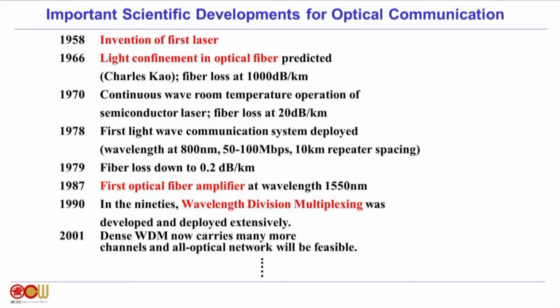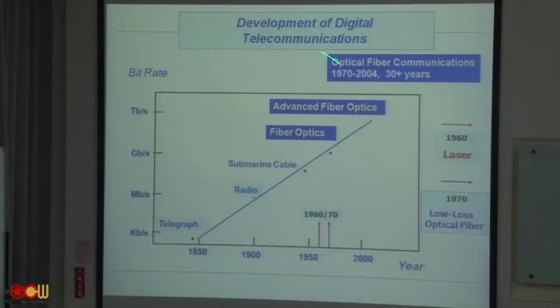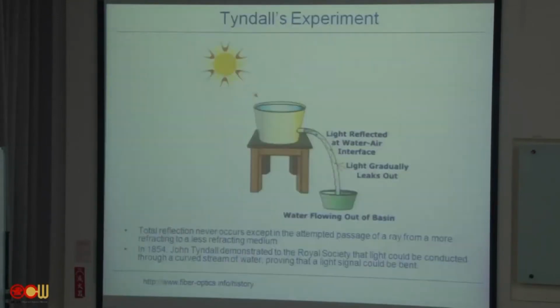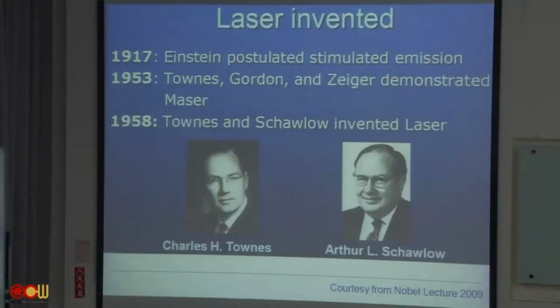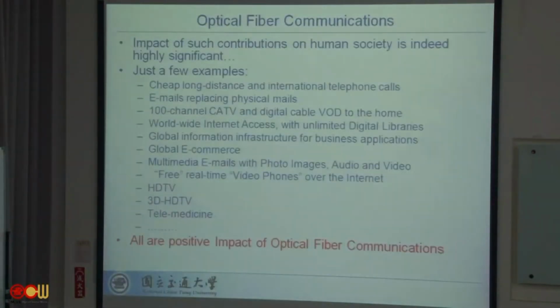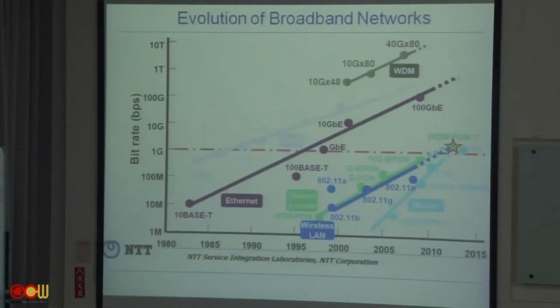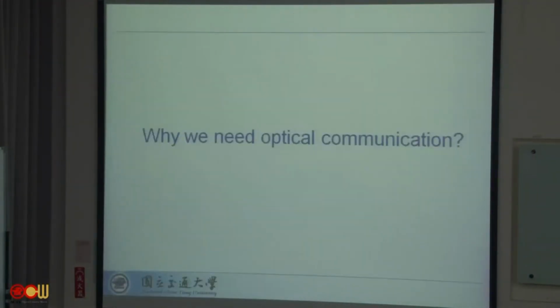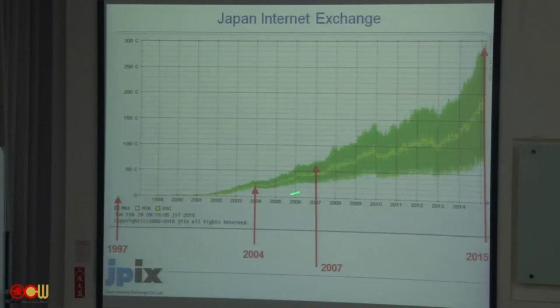Recently we have a lot of inventions to achieve this increase in capacity and data rate. I give you one picture from the Japan Internet Exchange. This is the data rate, and this is the year. We can see that it is still increasing.